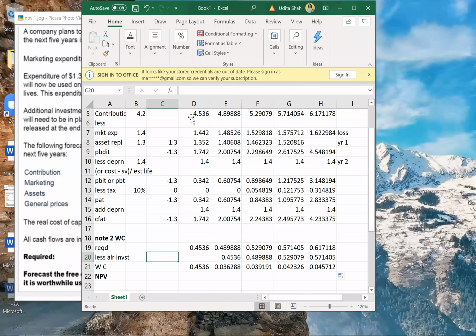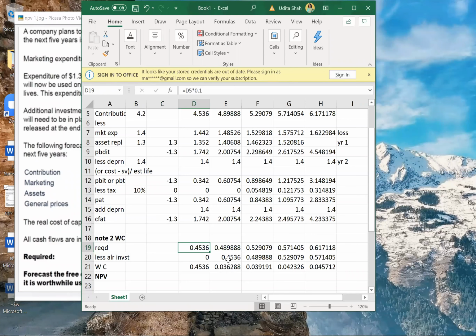So this entire contribution column, 10% of all of these gives me these figures. Minus already invested. When I come to year one, nothing was invested before, therefore 0. In year two, how much was invested in year one?